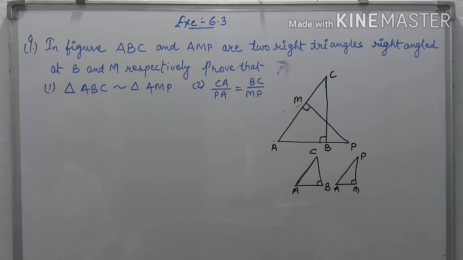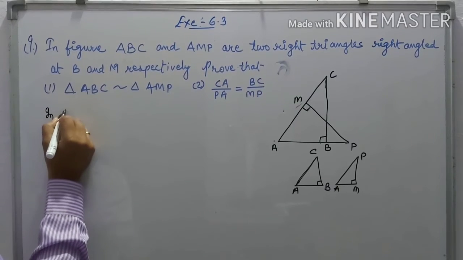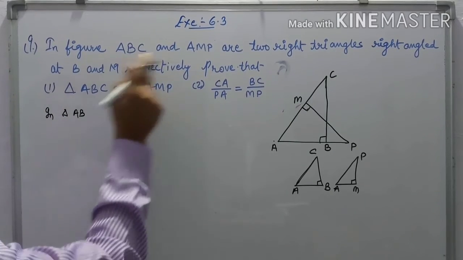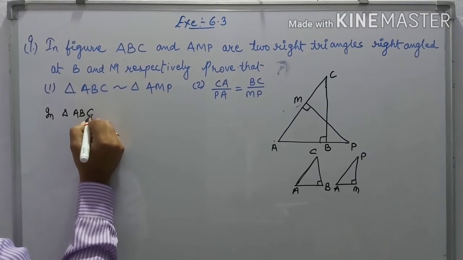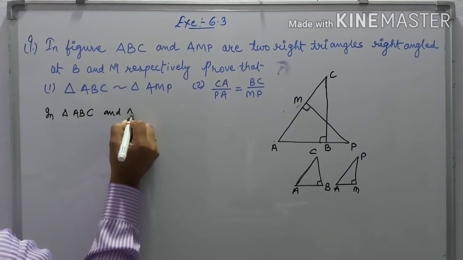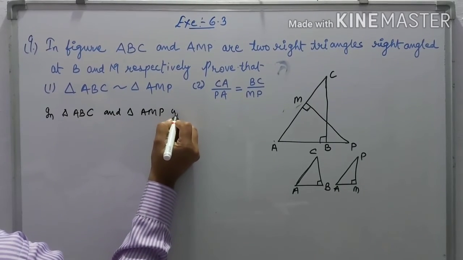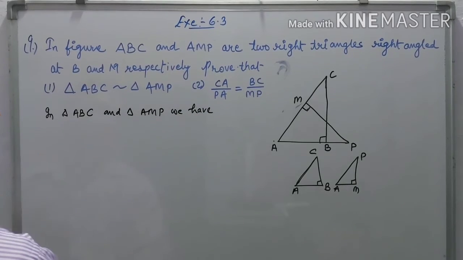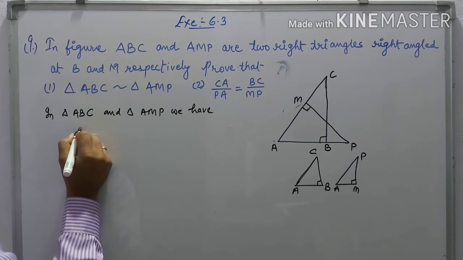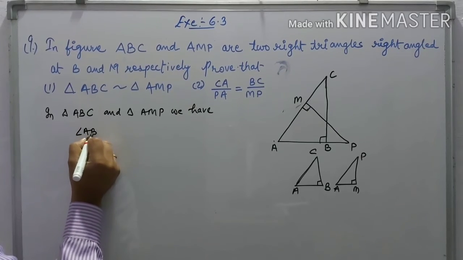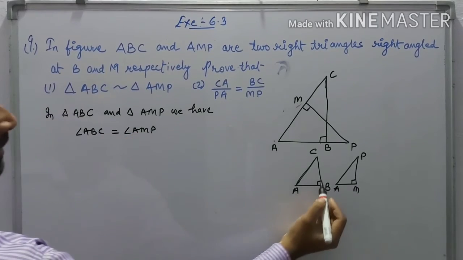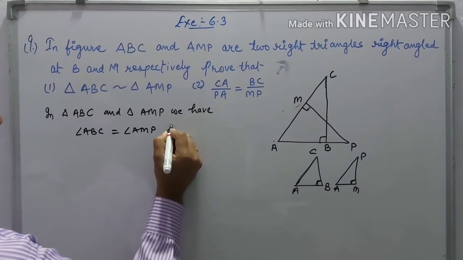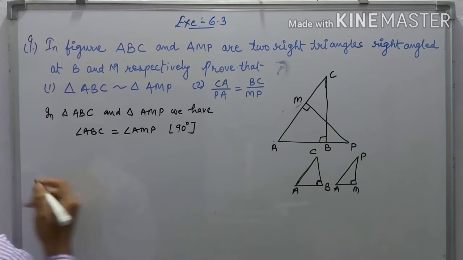Now according to the question we solve in triangle ABC and triangle AMP. We have, first, angle ABC equal to angle AMP. This angle and this angle are equal. Why? Because it is a 90 degree angle.